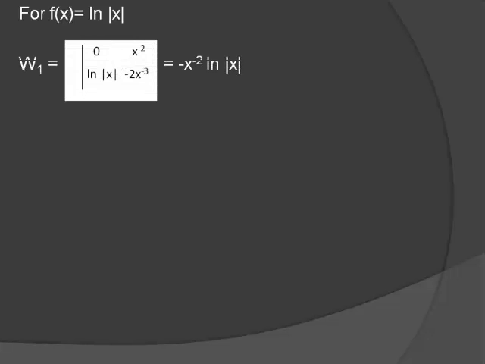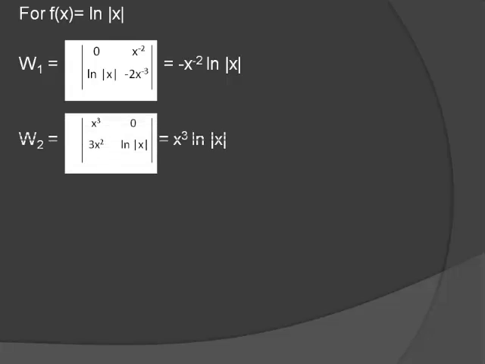So to solve for yp2, we have w1 for f of x equal to ln of x, so we have 0 times negative 2 x to the negative 3, so we have 0 minus x to the negative 2 ln of x, so we have negative x to the negative 2 ln of x. For w2, we have x to the power of 3 times ln of x minus 0 times 3x squared, so we have x to the 3 ln of x.